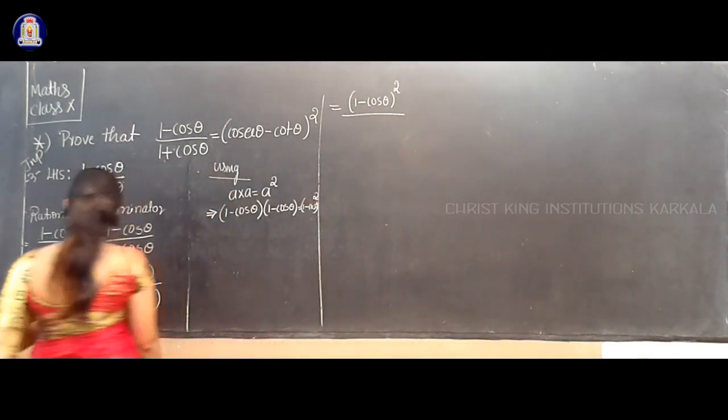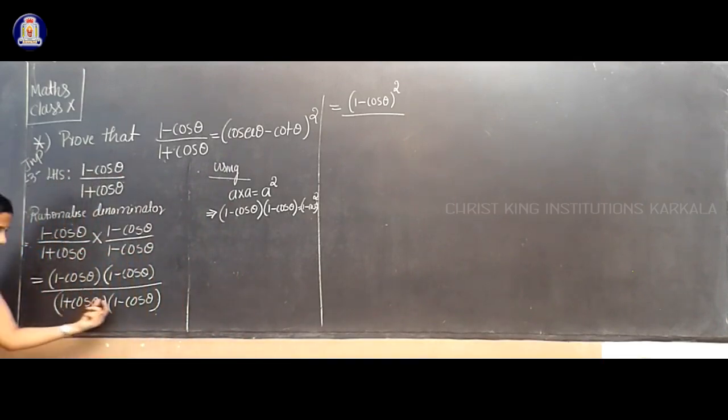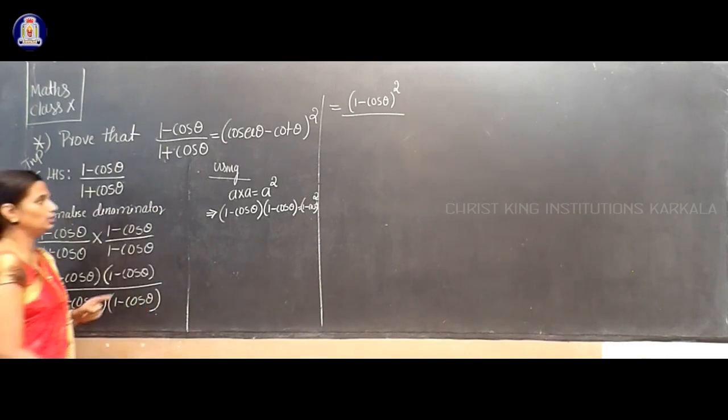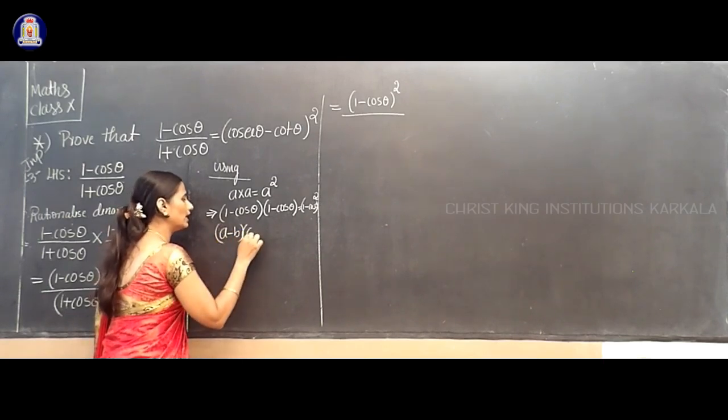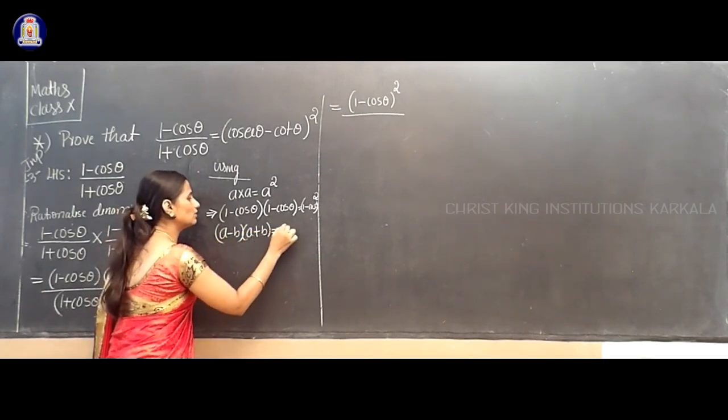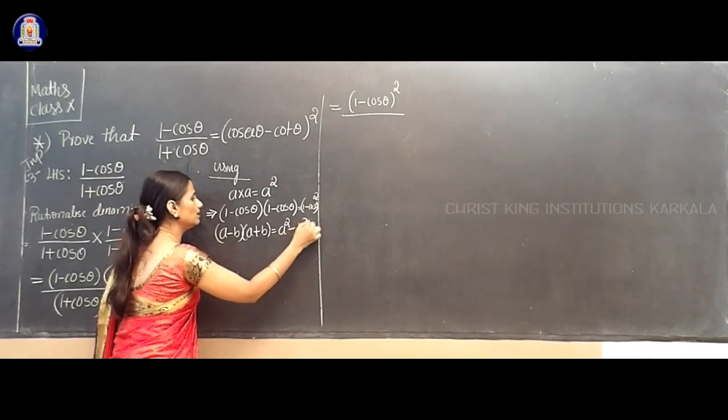Already you know, here it is 1 and here also 1, this is cos and this is also cos. But here it is plus and minus, so which formula is used here? (a minus b) into (a plus b), that is equal to a square minus b square.